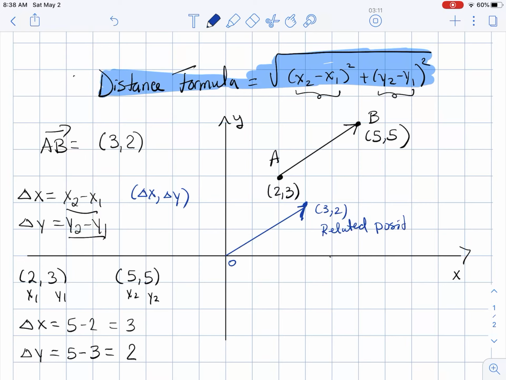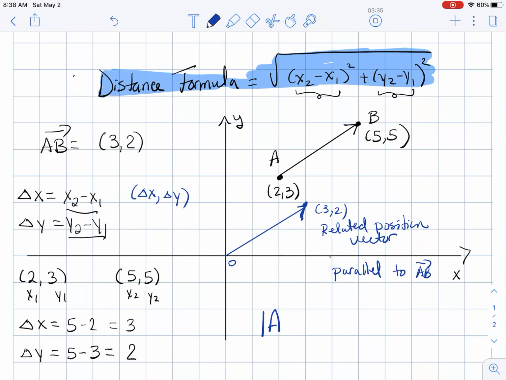The related position vector is going to be parallel to vector AB. Parallel in vectors means it's going to be the same vector. That's a concept that's going to come up quite a bit.